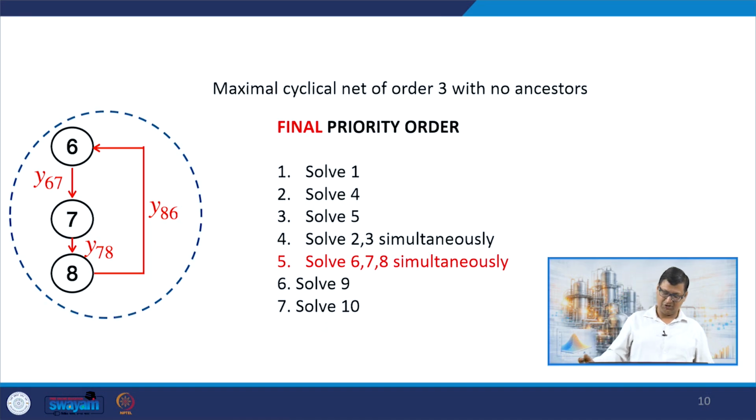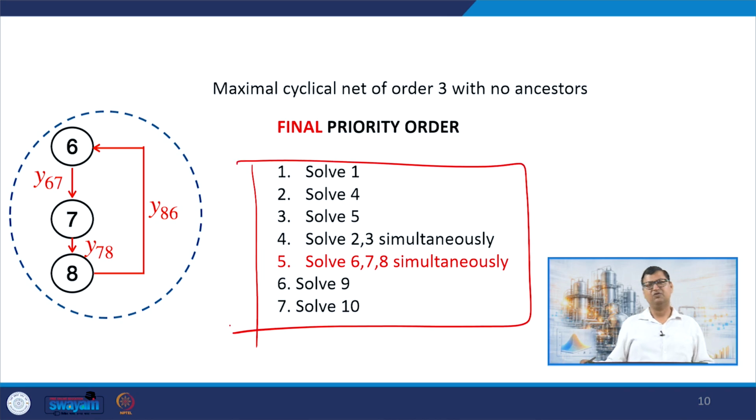So therefore the final scheme we have is this. We solve the balance of 1 first, then 4 and 5, and the first 2 can be in any order, because they were figured out first, then 5, then 2, 3 simultaneously, then 6, 7, 8 simultaneously, and 9, 10 again in any order.